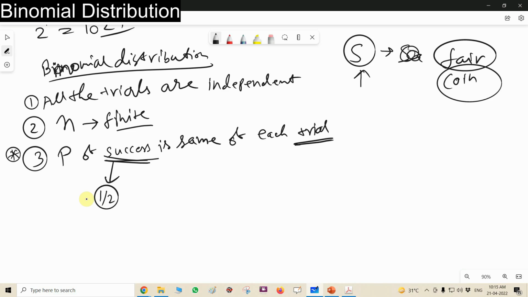Every time you have a probability 1/2. One out of two will come in each trial, and this 1/2 is the same for each trial. However many times you toss, the probability of getting head will remain 1/2. That's the key point deciding that I'll go with the binomial distribution. One fair example is coin.